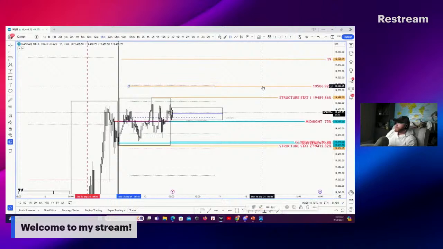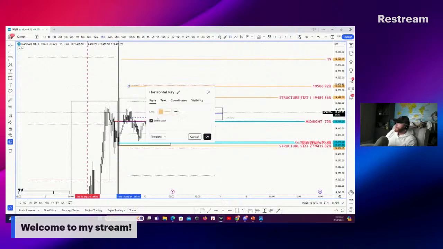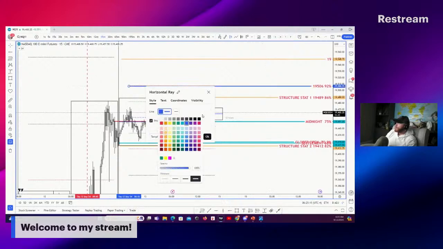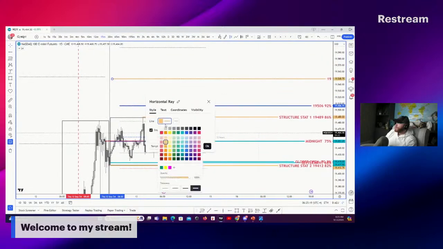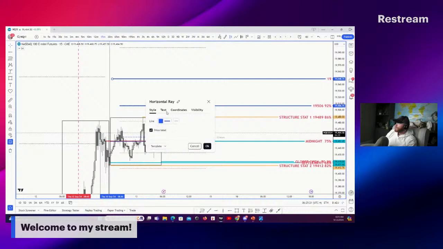Oh shoot, I have to change the color. I'm going to get thrown off. Blue. 19,548 has a 77%.